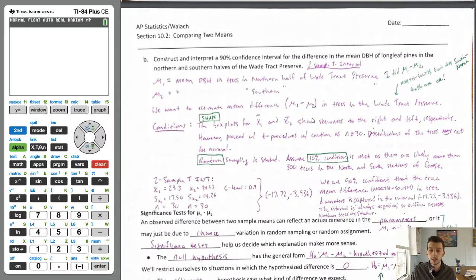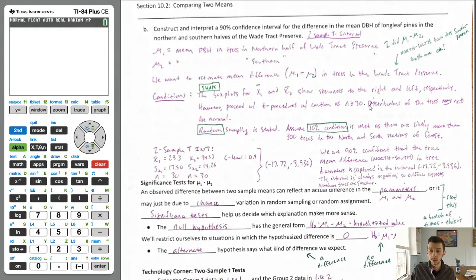So we're going to assume that it's essentially symmetrical and normally distributed, but we're still using a t distribution. And I made a comment here, distributions of the trees may not be normal, but we're going to assume that they are essentially normal. Random sampling is stated, and then we can assume the 10% condition is met because there are probably more than 300 trees in each section of the forest, and we're not sampling more than 10%.